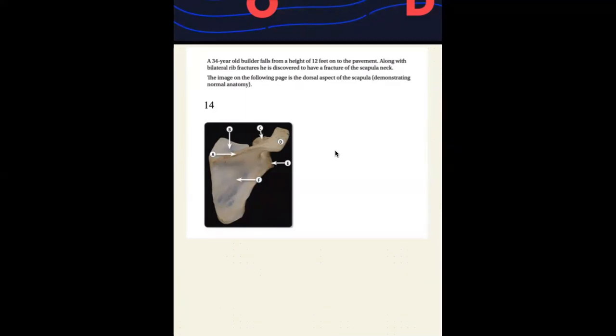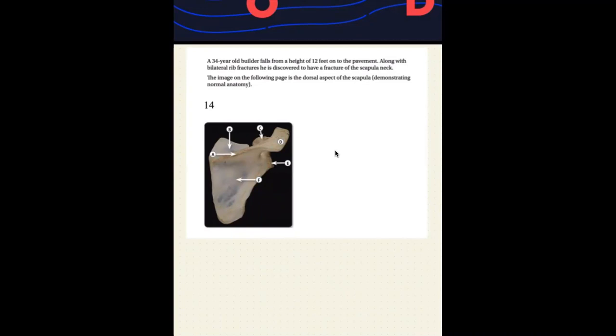Could you tell me the insertion of the rotator cuff muscles, their nerve supply and their function one by one? Should I mention the origin also? Yes, you can.